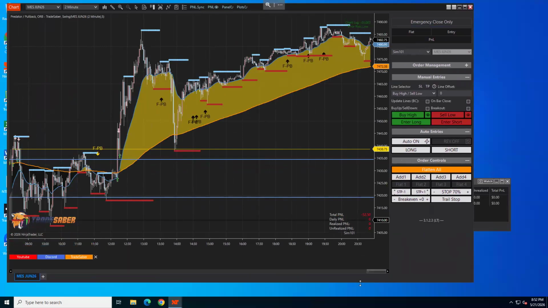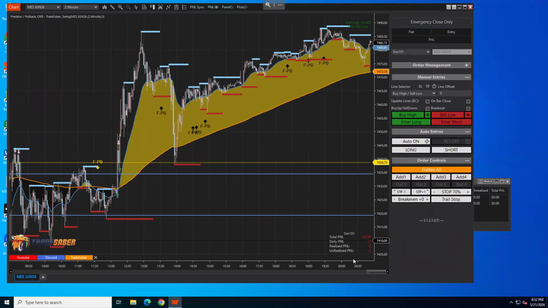Okay. So this is called ES. ES is short for S&P 500. If you ever hear financial gurus, quote unquote, say, hey, the S&P 500, the NASDAQ, the whatever market, this is what they're talking about.